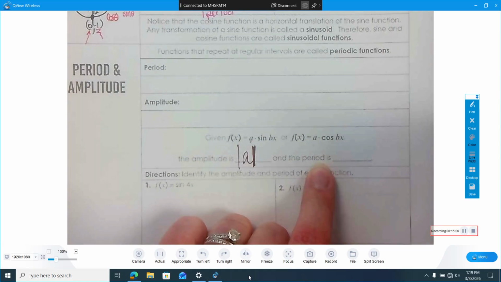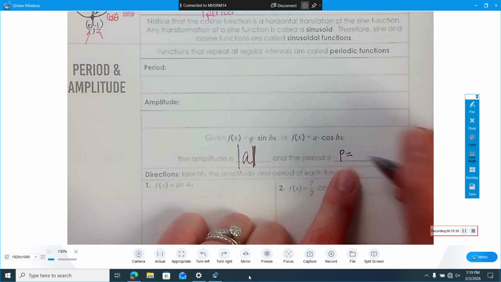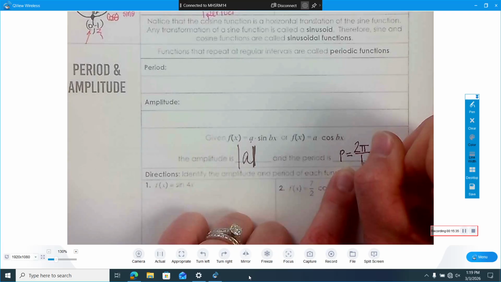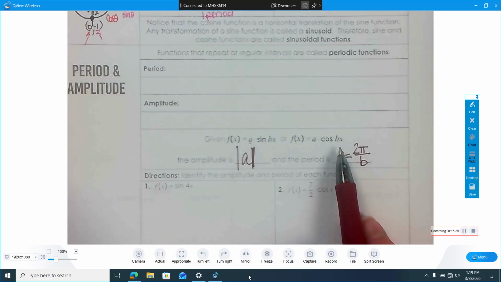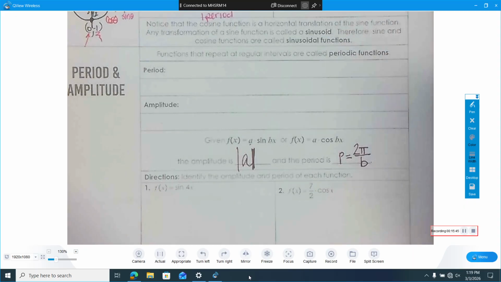Everything with x is always opposite, but the period is 2 pi over b, whatever that b happens to be. We are going to take our original period and divide it by that value, and that's going to tell us how much our horizontal changes, okay? Period is p, period equals 2 pi over b.